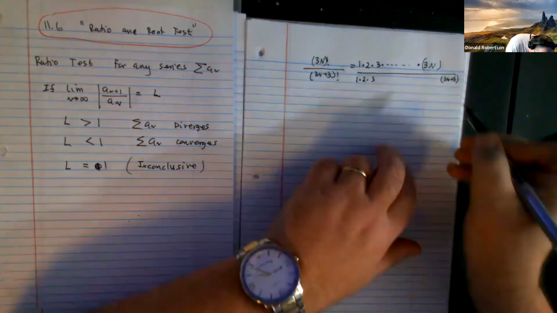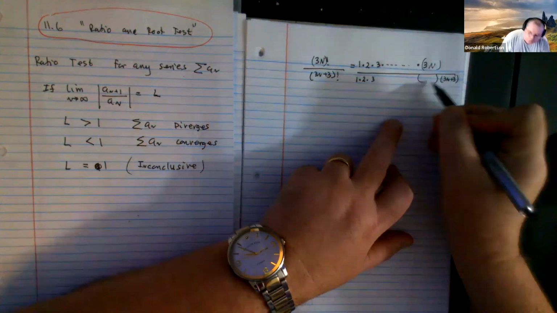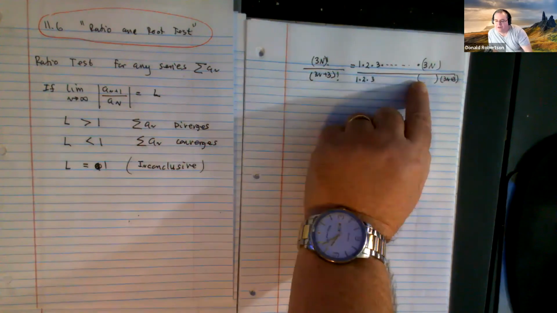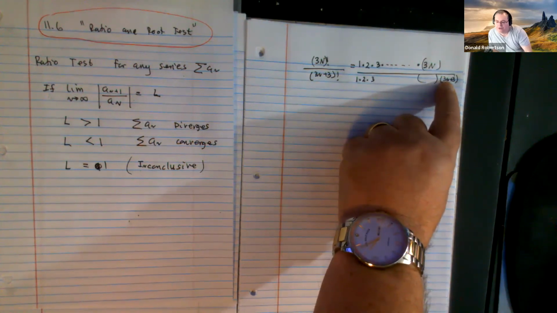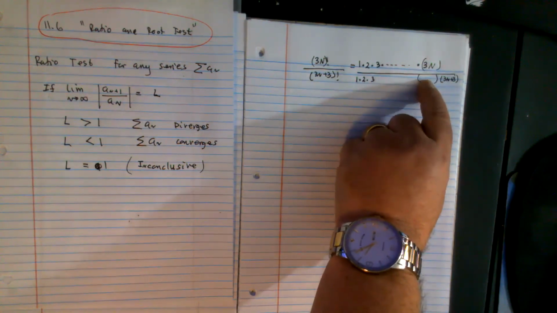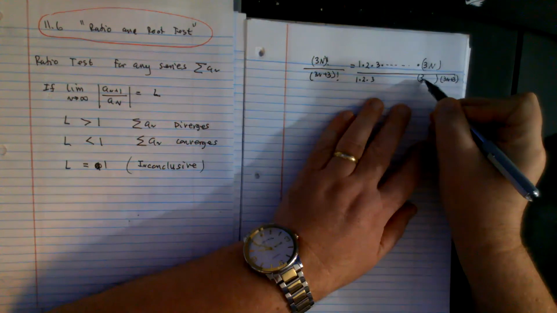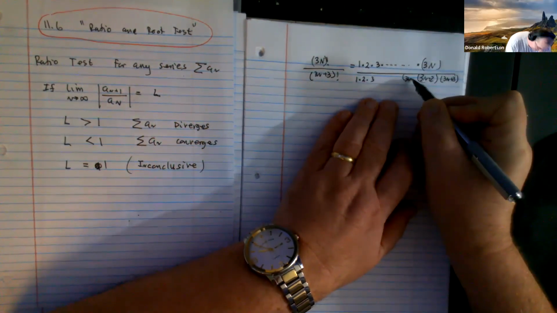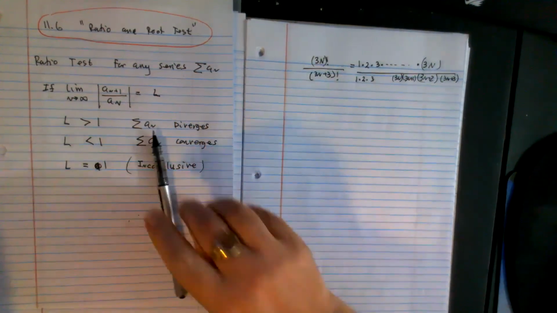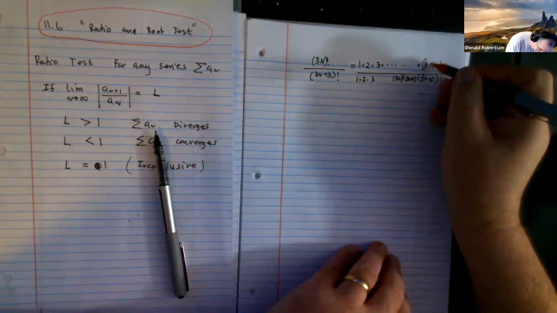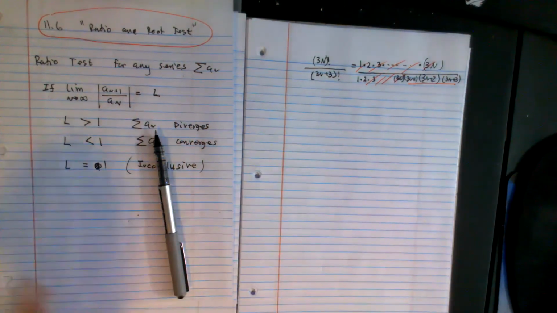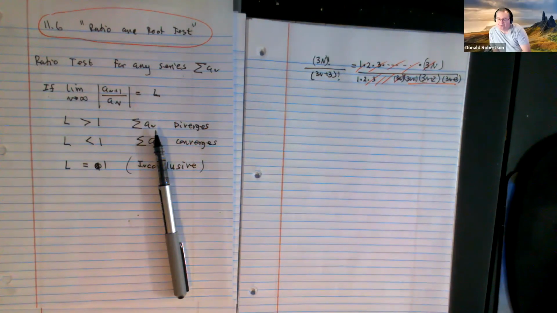Now, what would be the number just before 3n plus 3? What would be the expression? Oh, it'd be 3n plus 2 and then 3n plus 1. And then after that, wouldn't you eventually get a 3n? Oh, okay, that makes sense. Thank you.